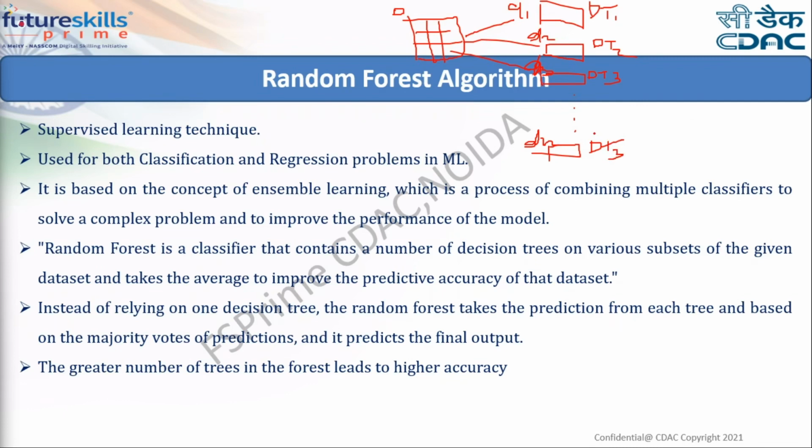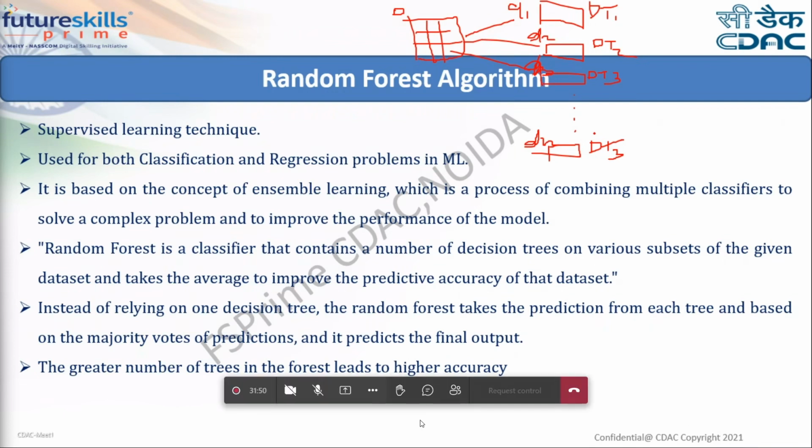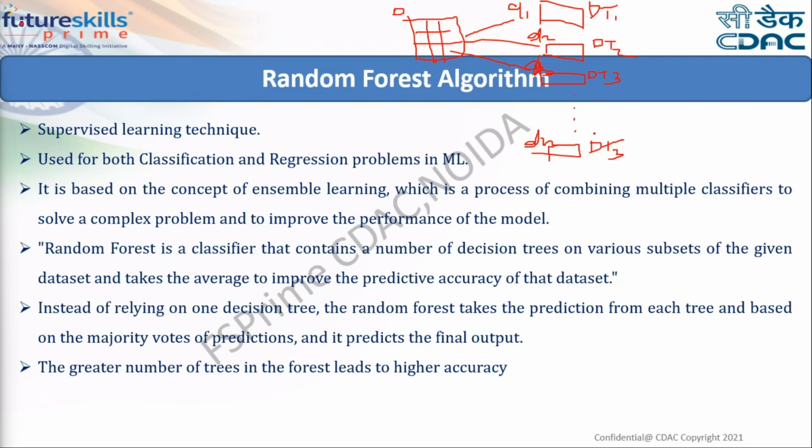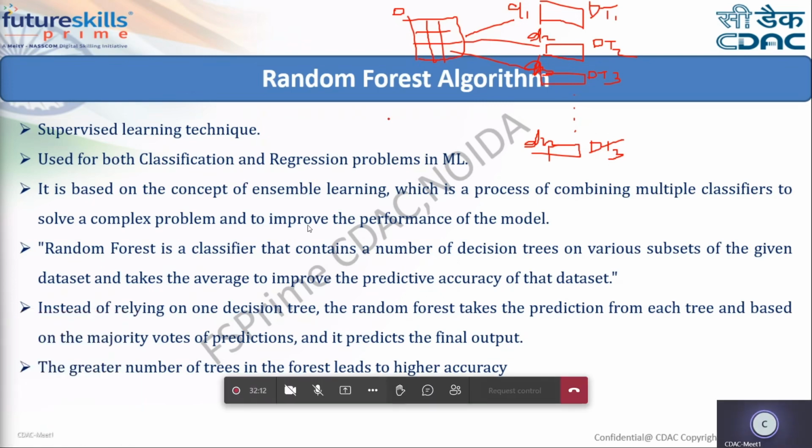There is one more randomization as well. One randomization we have done in the data set. Another is randomization in attributes.